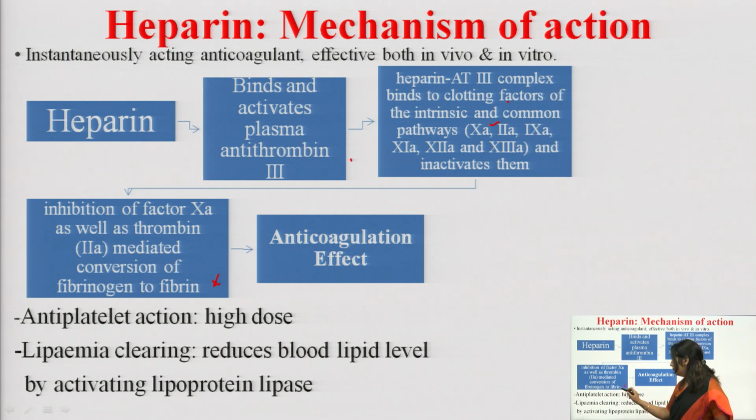Fibrin threads will not be formed, thus it produces anticoagulant effect. Heparin at high dose inhibits platelet aggregation. So, it also produces antiplatelet action at high dose.